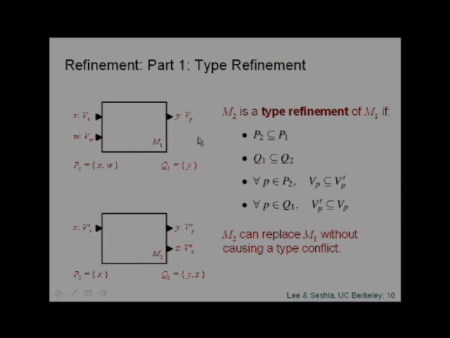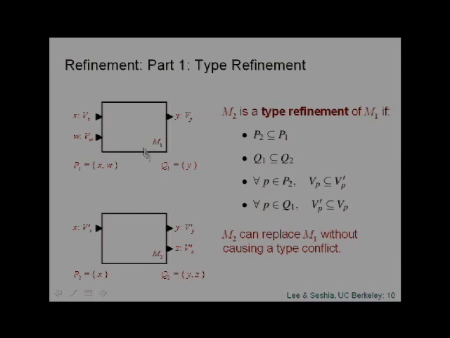Yeah? If the output is independent of W. Okay. So in this case, if you substitute M1 by M2, the output of M2 definitely is independent of W because there is no input W, right? Here all I'm talking about is type compatibility.